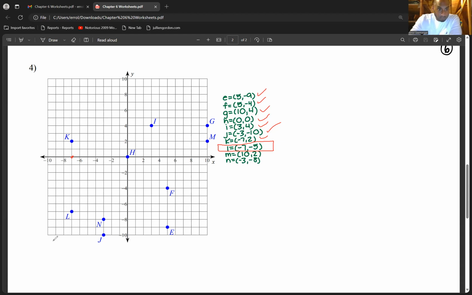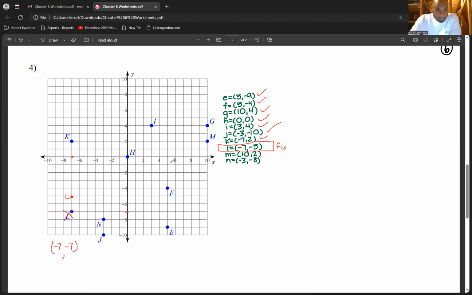Like what's the x? What's the y on this one? Negative 7 for x. Yeah, and y is -7, right? So L should be right here. So scratch that one out. Put your L right there. Okay, fix that one.